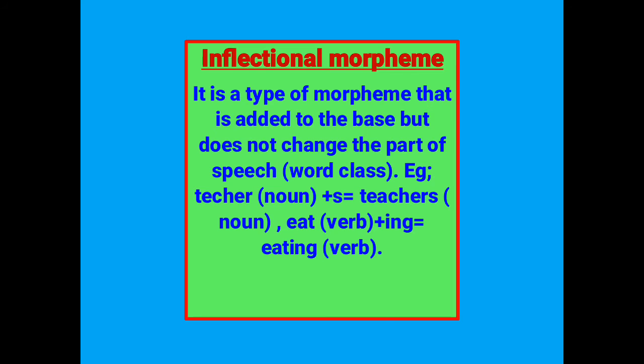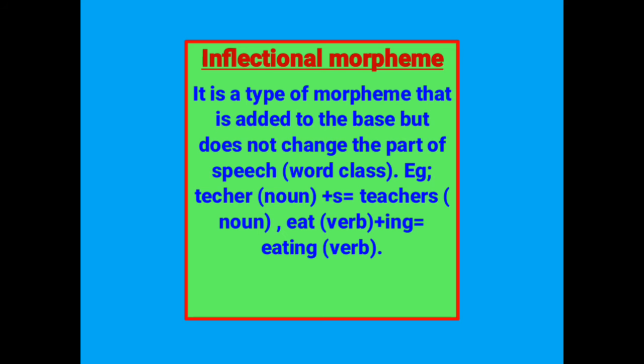Example, teacher. Teacher here is a noun, and when you add the s, it will give you teachers, which is also a noun. Eat is a verb. Adding ing to it will give you eating, which is also a verb.